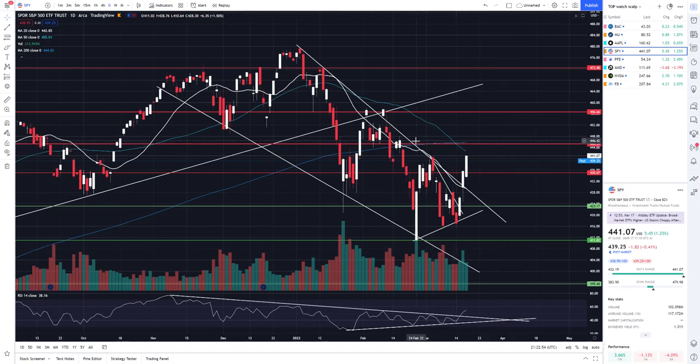So basically, what I look for is some key levels that I want to trade off of, and trade the highest volatile times of the day off those levels.